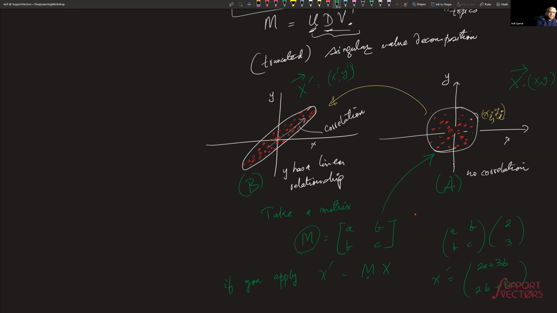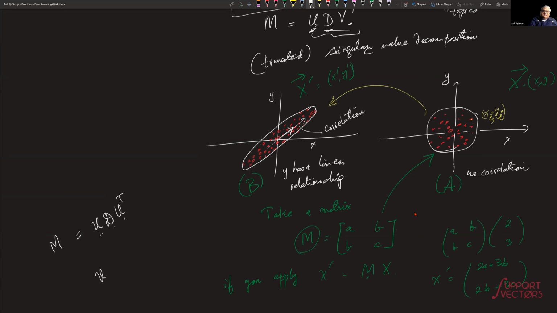Now, if you break up this M, it turns out that you can write it as U, D, U transpose, right? You can break it up into one matrix U, one matrix D, and one matrix U transpose. Now the U matrix will actually be made up of vectors.